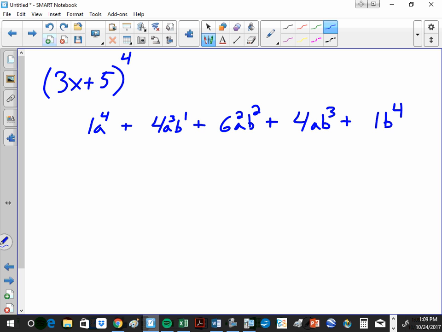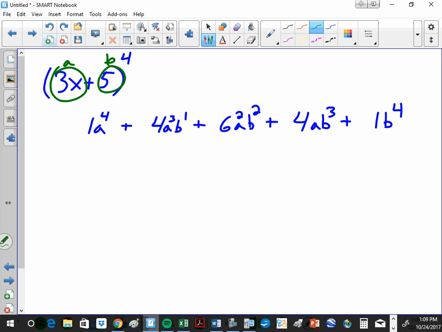And we skip all the way to the end. Right? We don't have to multiply them out and then multiply again and then multiply again. Now the only thing we have to do is substitute. This is a and this is b.